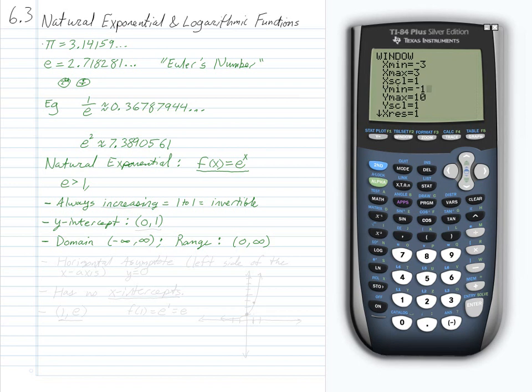Just like 2 to the x, or 5 to the x, or 10 to the x, this function e to the x will have a horizontal asymptote, and it will be on the left-hand side of the x-axis, since this function is increasing.